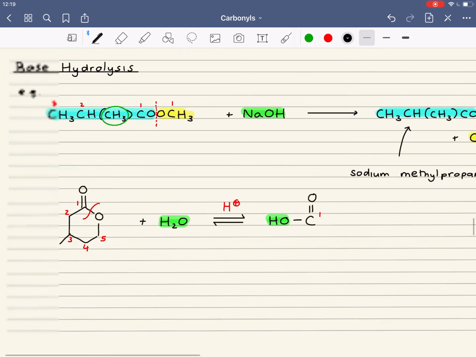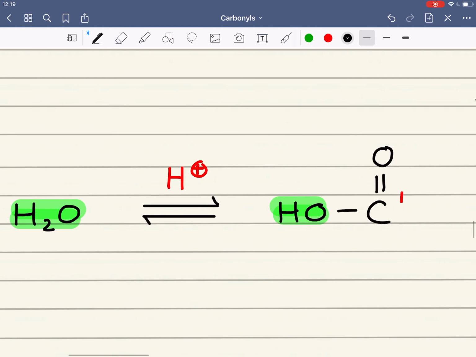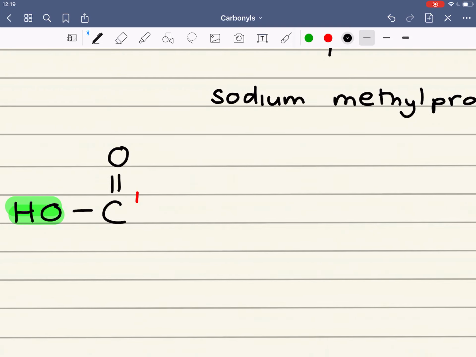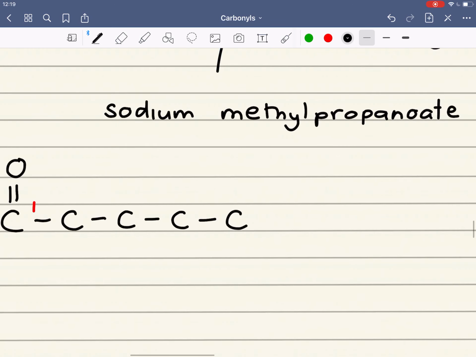Now, the only bond that we've broken is the carbon single bond oxygen. So everything else in the molecule should still be as it was. So carbon 2, 3, 4, and 5. So we had 5 carbons. Carbon 5, you can see, had an oxygen bonded to it. So it's still got an oxygen bonded to it, but that now has gained that hydrogen from the water.